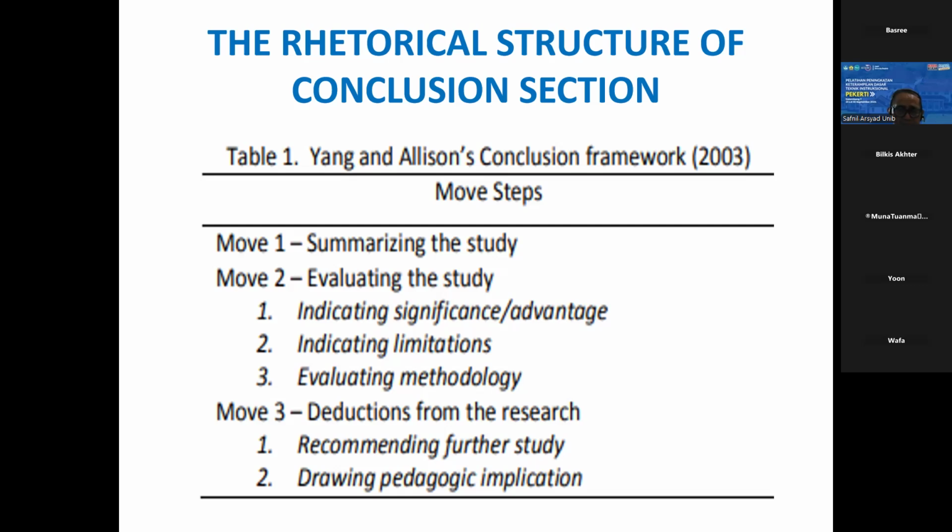And then move three, deduction from the research: recommending further study, drawing pedagogical implication. So move one is summarizing the study. This is where we restate the results, following the research question.